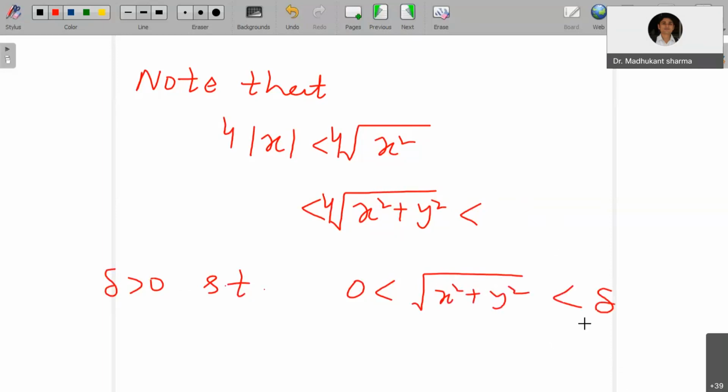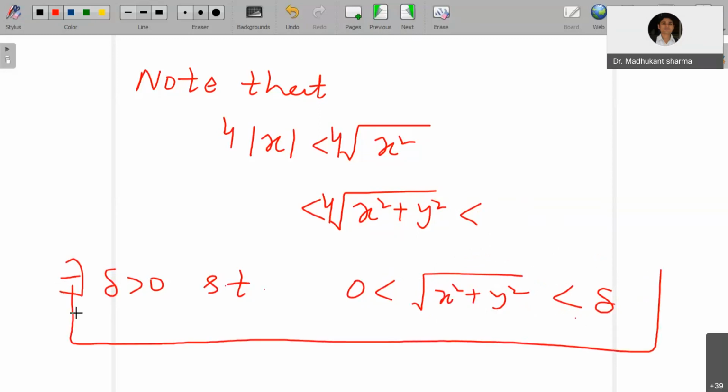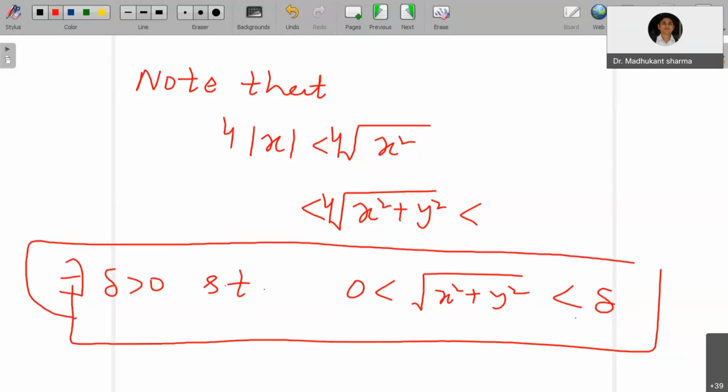So suppose I take the square root of x square plus y square less than delta, because I want there to exist a delta such that this happens. Again, we have to create an artificial epsilon or delta.